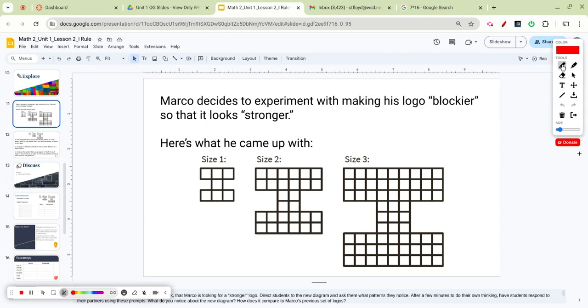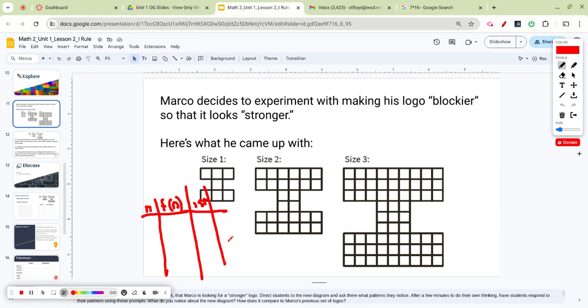All right, Marco decides that he wants to make this, and we found that when n, f of n, oh dear, I erased everything.